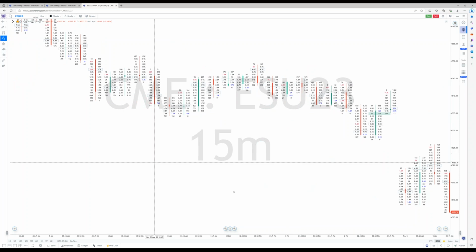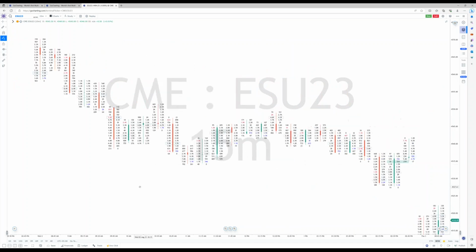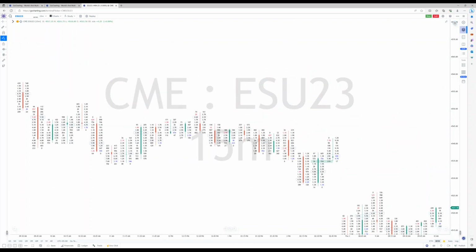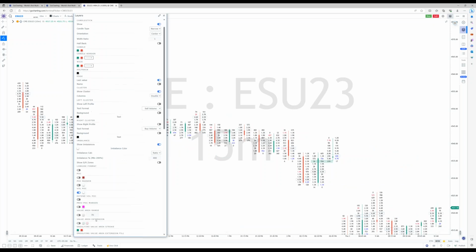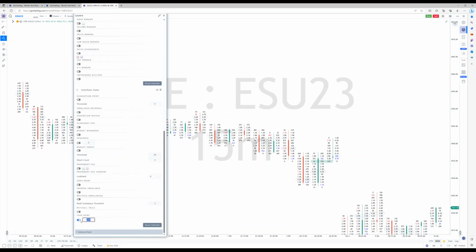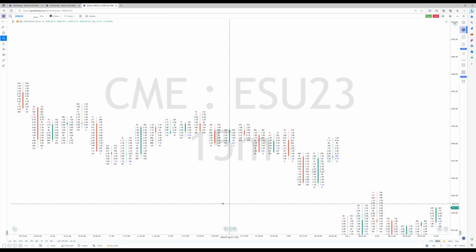It's late in the day there, but you get the idea, right? That's the importance of using these tools. Again, it's going to vary on the market that you're trading, what sort of volume you want to use, etc. So that's the main part of the order flow trader.